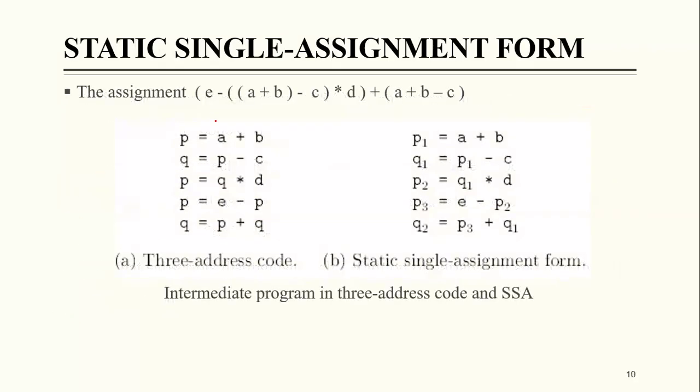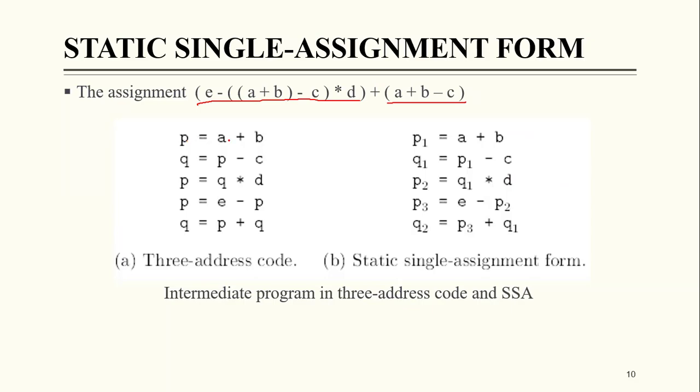If the expression is like this, E minus A plus B minus C star D, this is one sub expression. The other sub expression is A minus B minus C. So this can be written in the form of three address code as well as static single assignment form. Let's know the difference.